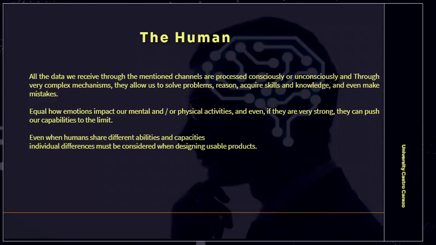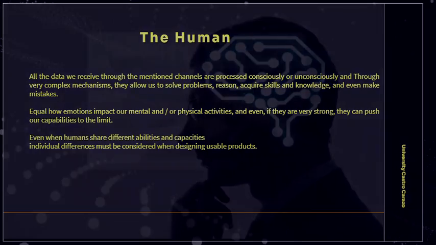Equally, emotions impact our mental and physical activities, and if they are very strong, they can push our capabilities to the limit. Even when humans share differing abilities and capacities, individual differences must be considered when designing useful products.